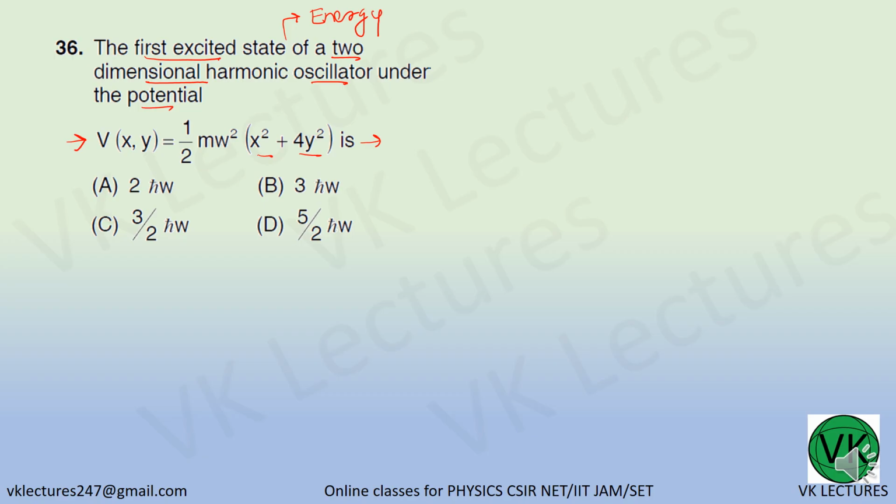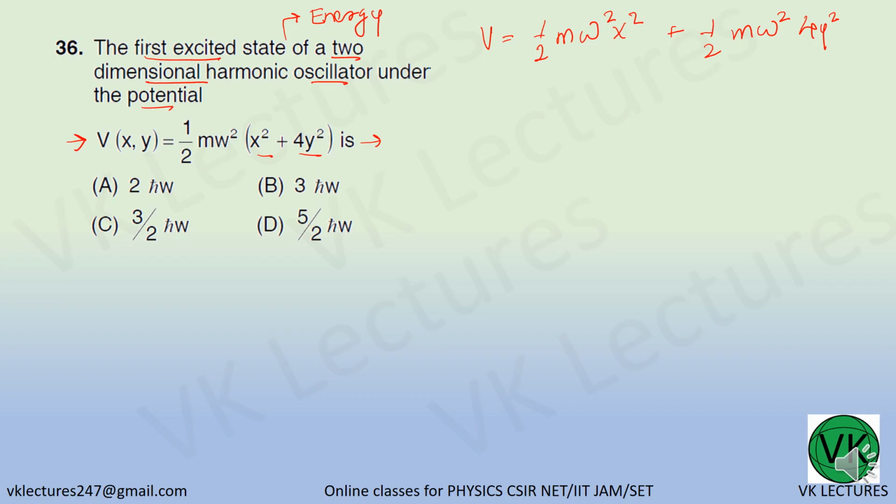Now we can write this potential V as half m omega square x square plus half m omega square into 4y square. So here we need the frequency, right?